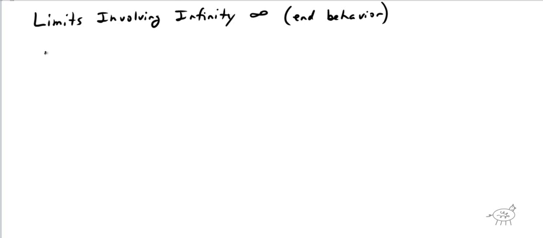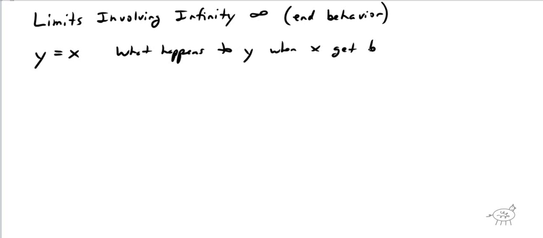Okay, so real quickly, just to give you a little demo, if I give you the equation y equals x, what happens to y when x gets really big? Well, think about it.